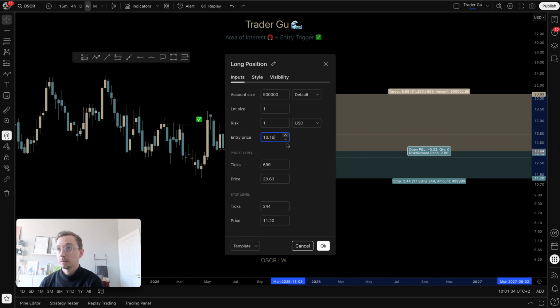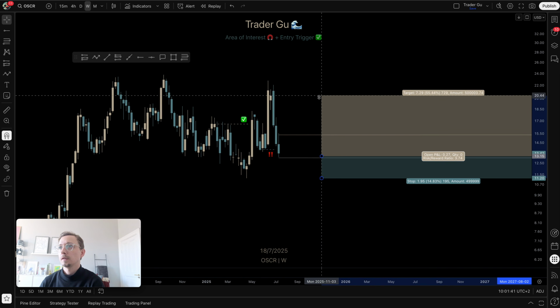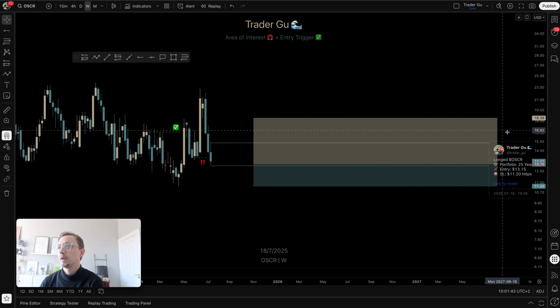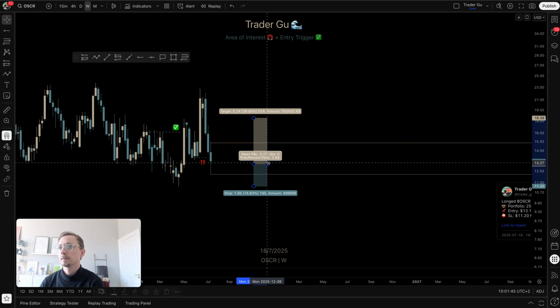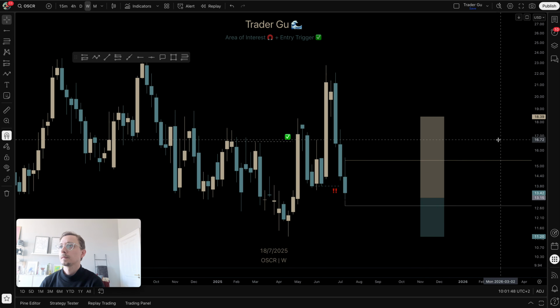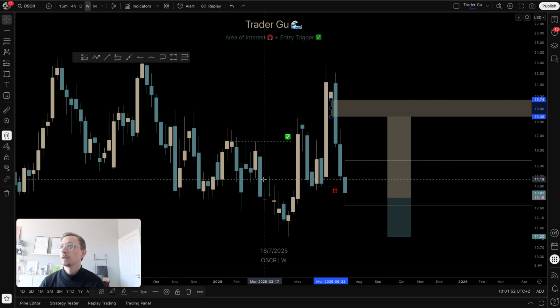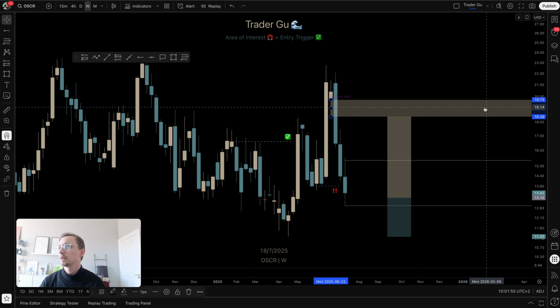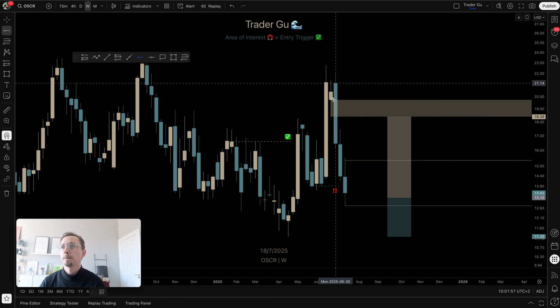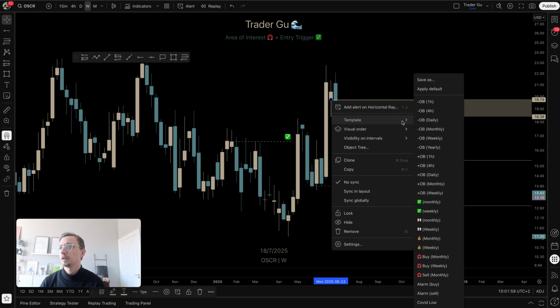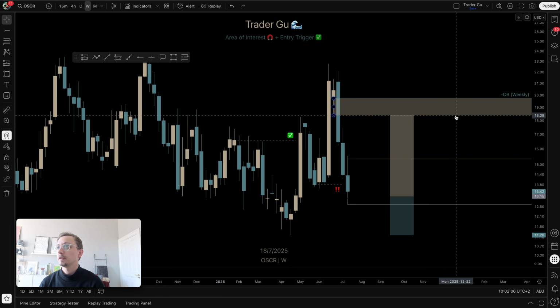So 13.15 entry, invalidation at 11.20, and then I will actually target this weekly bearish order block, which we actually have here at 18.4 to 19.74. That would be a good target for my trading strategy. Yours may be a bit different.